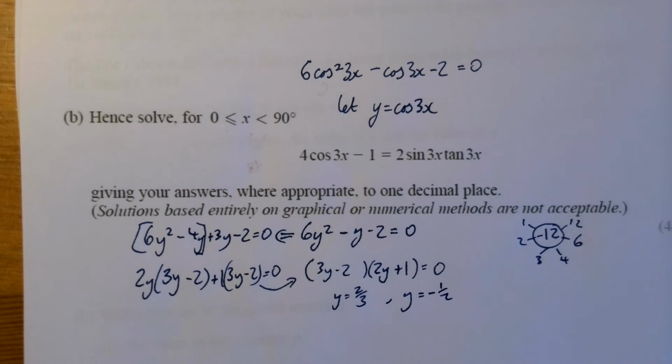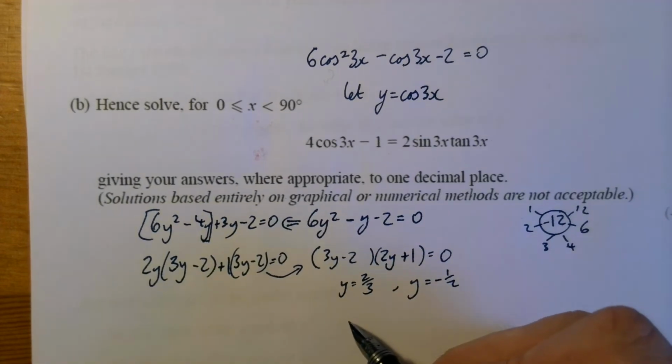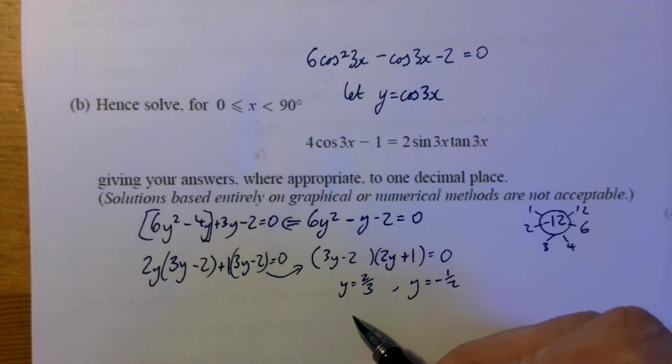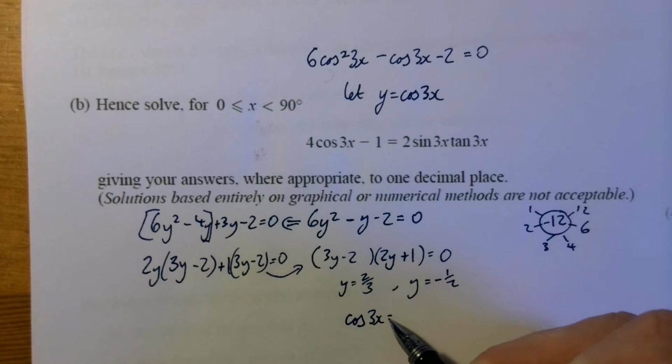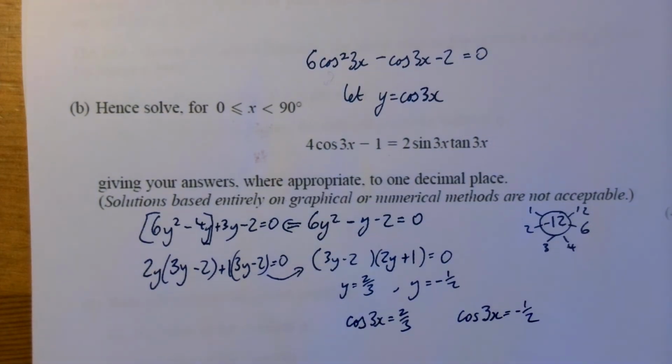But of course we don't really want y, do we? We want cos 3x. So cos of 3x is going to equal 2/3, and we've got cos of 3x equaling negative 1/2.